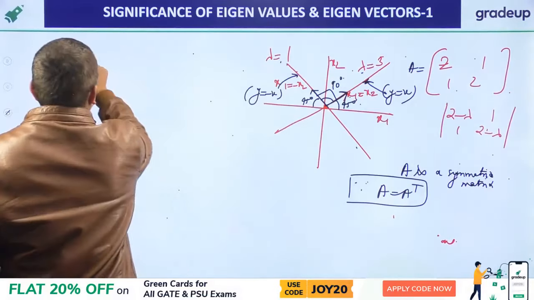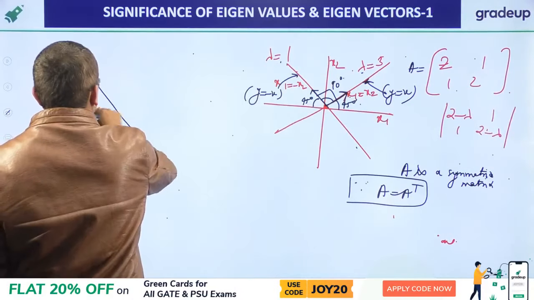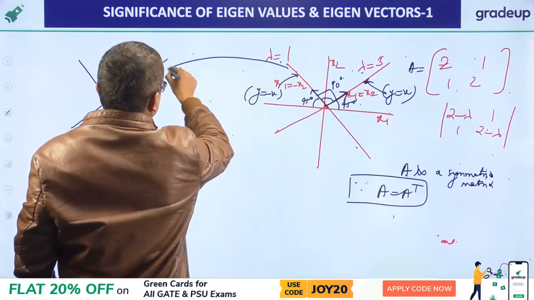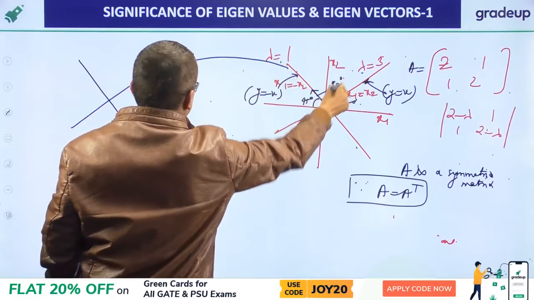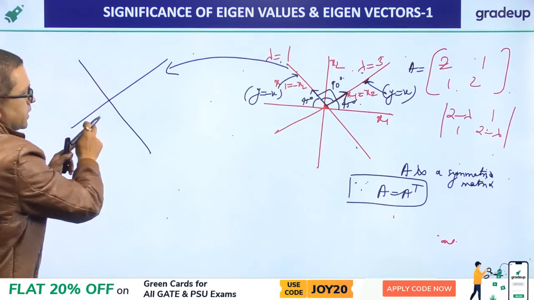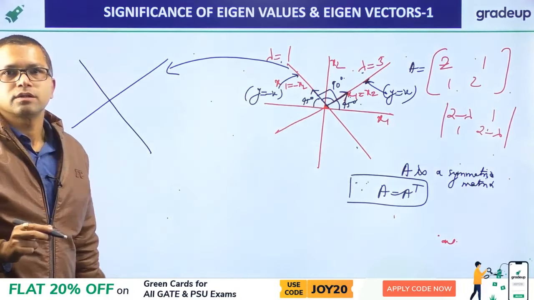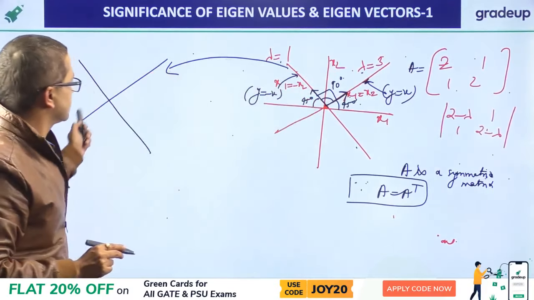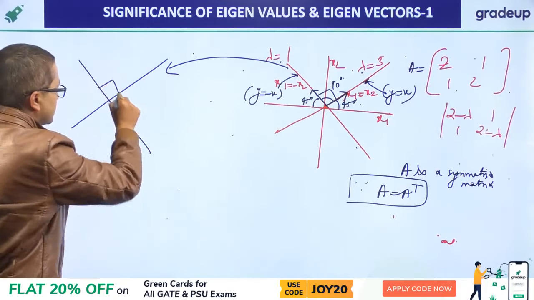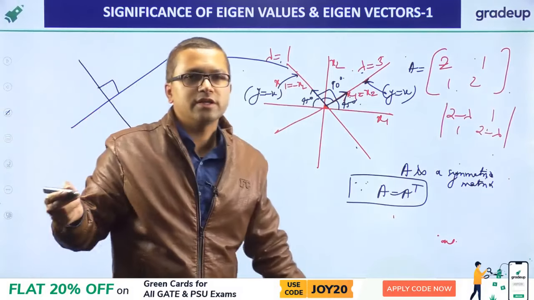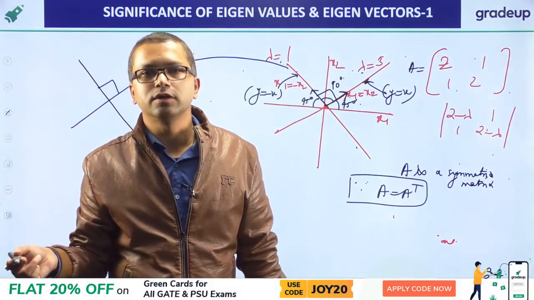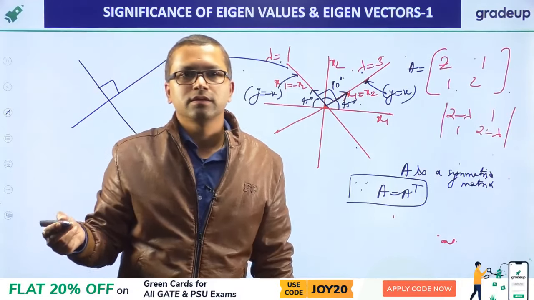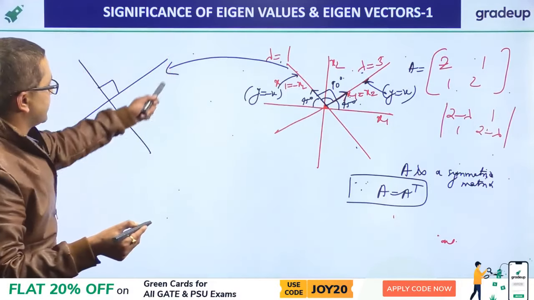What I have done is I have just transferred these eigenvectors here. Those are mutually perpendicular, and as you know, principal planes are also mutually perpendicular.